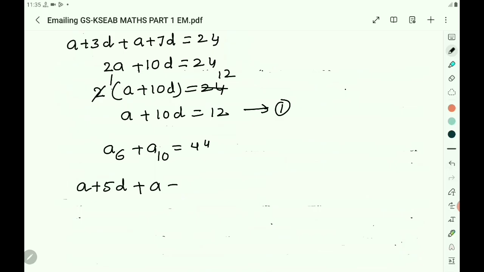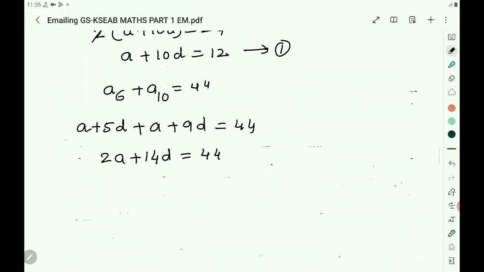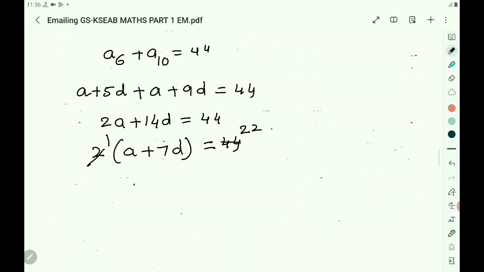A plus a is 2a. 5d plus 9d is 14d equals 44. Then remove 2 common. A plus 7d equals 44. 2 ones are 2, 2 22s are 44. Then you take a plus 7d is equal to 22. Consider this is the second one.